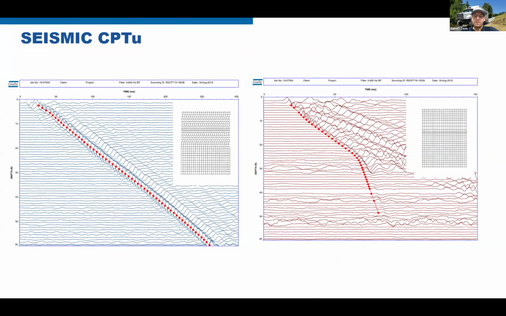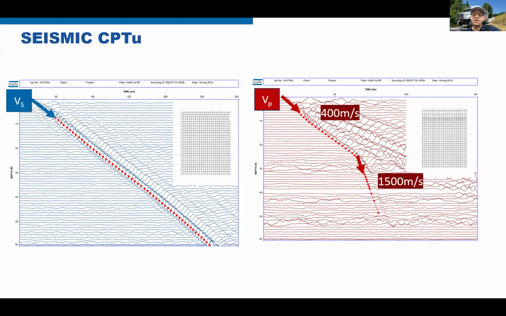So let's look at some real data. On the left, you've got your shear wave profile, VS, and on the right, you've got your compression wave, VP. You can see in animated boxes how each of the wave types propagate through the subsurface. Also note the distinct change in the velocity at around 25 meters on the right profile of the compression waves.